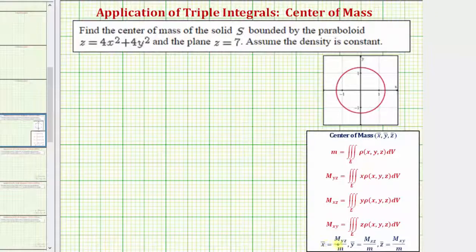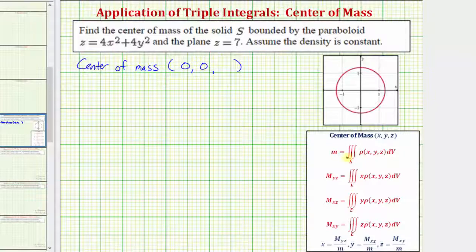We know x bar equals 0 and y bar equals 0. So the center of mass is going to have an x-coordinate of 0 and a y-coordinate of 0, which means we only have to find the mass given by this triple integral and the moment about the xy plane given by this triple integral in order to find z bar.